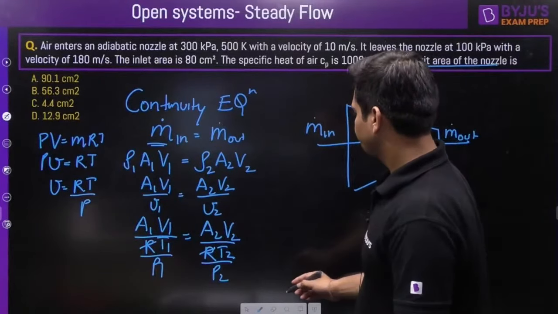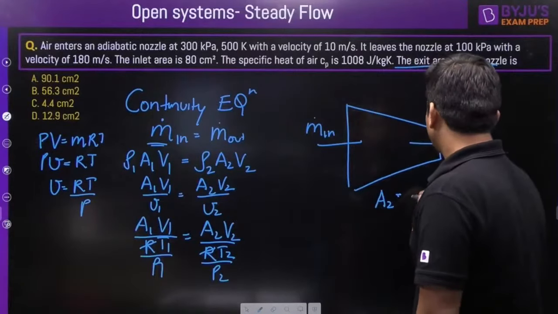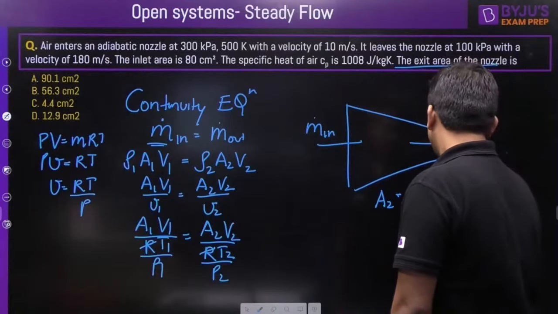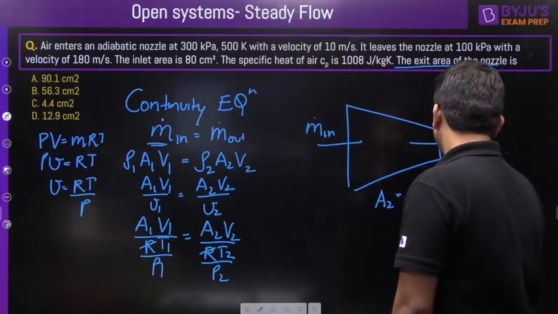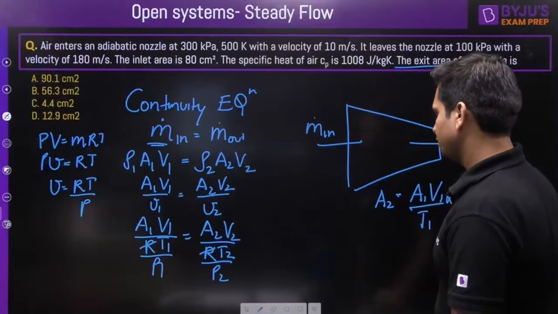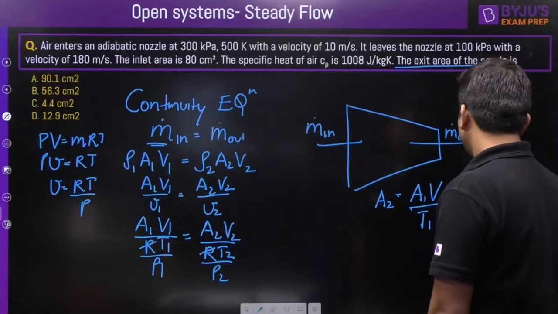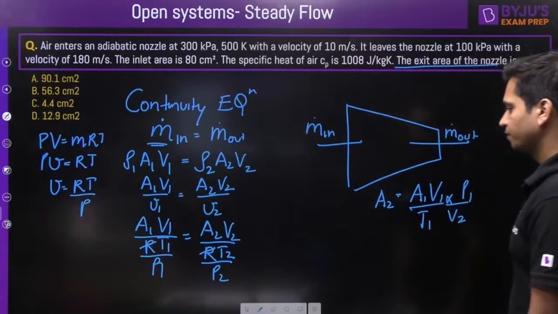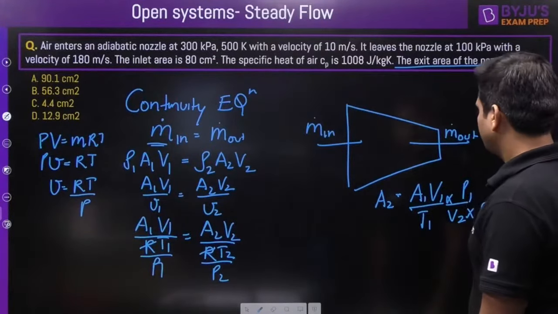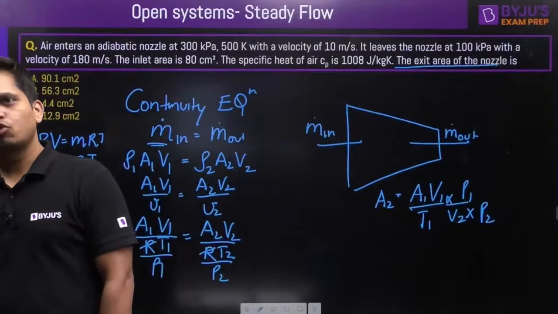So can I write area 2 is equal to area 1 times velocity 1 by T1 into P1, divided by velocity 2 by T2 into P2? Just check what you are getting. 12.9, that is correct. So what was the mistake earlier?